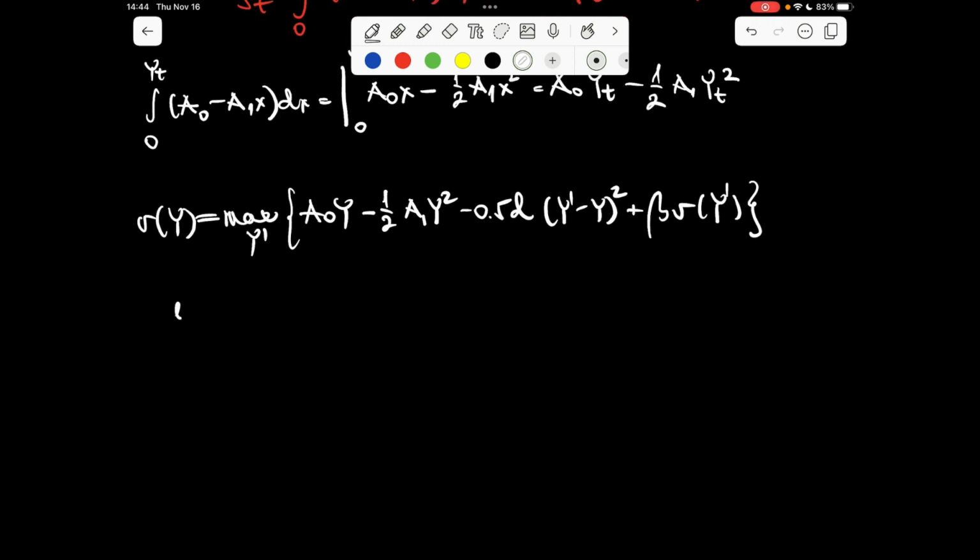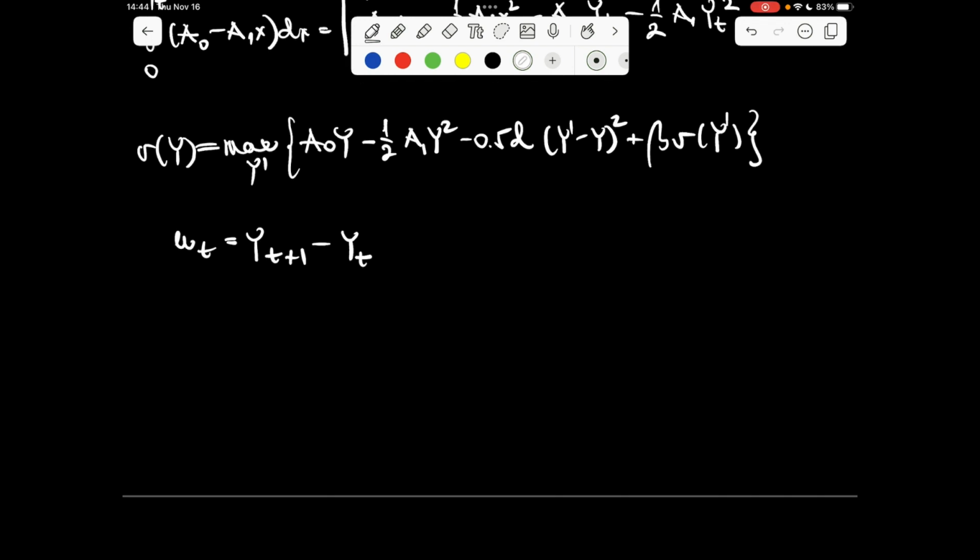linear regulator. Just like previously, let's set the control as the difference, the change in aggregate output.